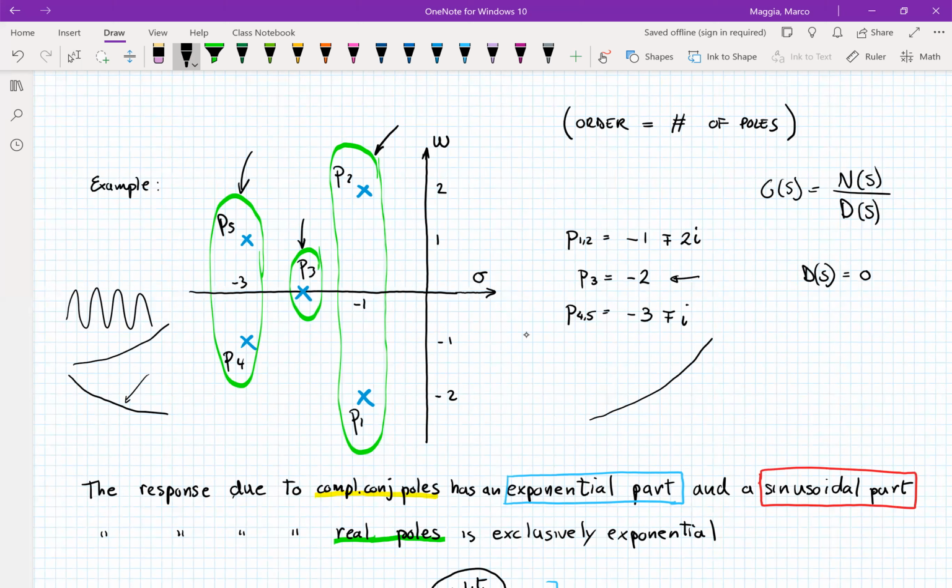Well, you see, we have P1 and P2, second order system. But wait a minute, we've just studied that we've defined all the performance parameters for a second order system. So why don't we use P1 and P2 to calculate all the performance parameters? Well, that's exactly what is done.